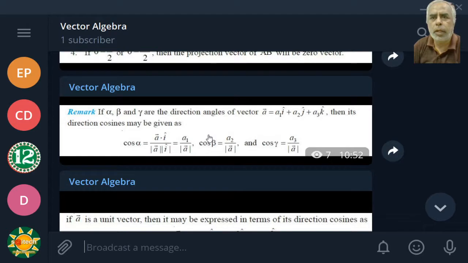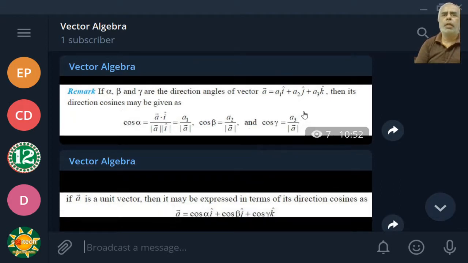Therefore, A1 divided by modulus of A. That is another interpretation. Similarly, cos beta is equal to A2 by the modulus of A, and cos gamma is equal to A3 divided by the modulus of A.